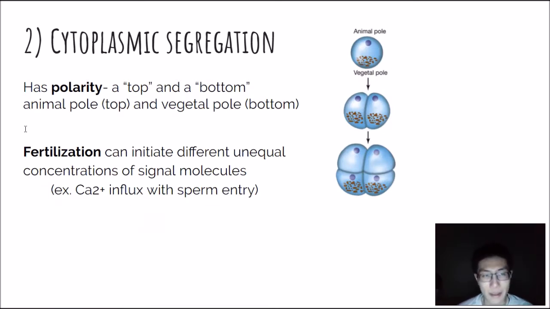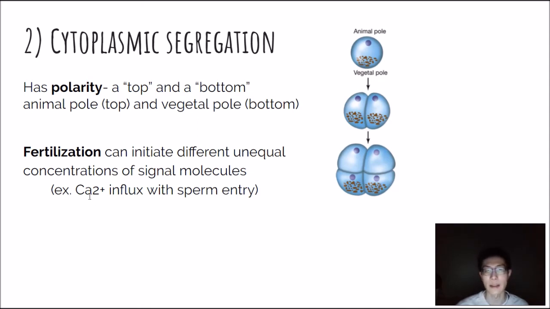So the next step is still cytoplasmic segregation. What about within a cell? Well, each individual cell has variation in polarity. There's a top and a bottom of the cell, which we often call the animal and the vegetal poles. When we look at cellular division, there can also be variation in concentrations of nutrients or signal molecules.